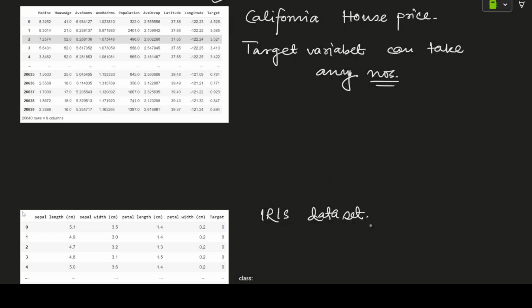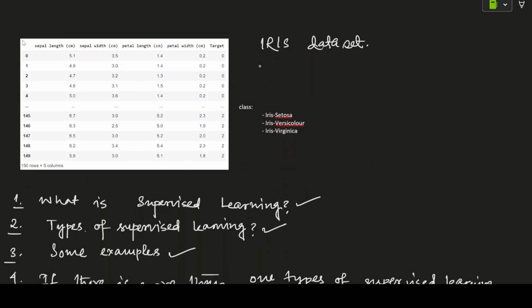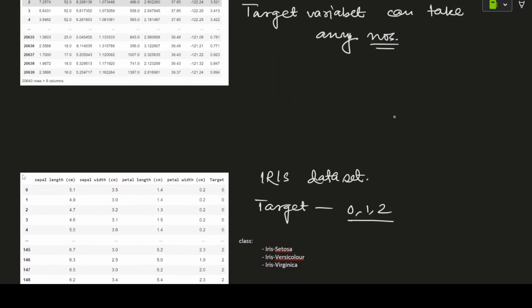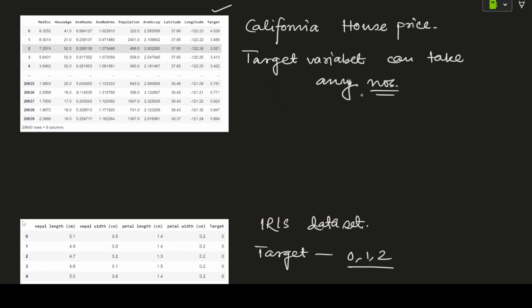But in the Iris dataset it has only three numbers, 0, 1, 2. Here we cannot see the 1 because it is between some numbers. If we see the description of the dataset, you can find that the target variable has these three levels. So what is the difference between these two targets? Here the target variable can take any number, 0 to infinity.